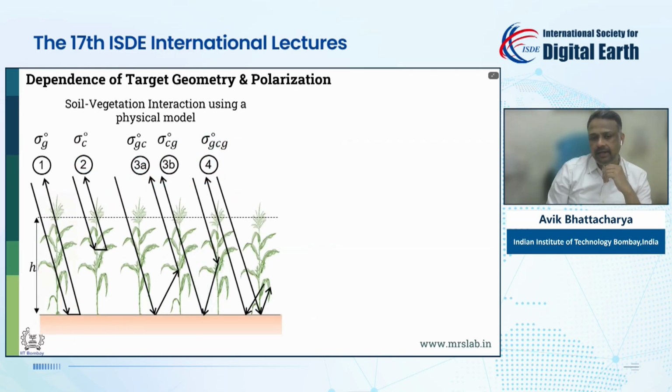The dependence on target geometry and polarization also plays a very important role when we want to characterize soil and vegetation interaction. And these are already done by using physical models from very simple to very complex. The idea is how do you model such complex natural scenarios. Here you measure the information coming from the ground or the canopy, and so on.